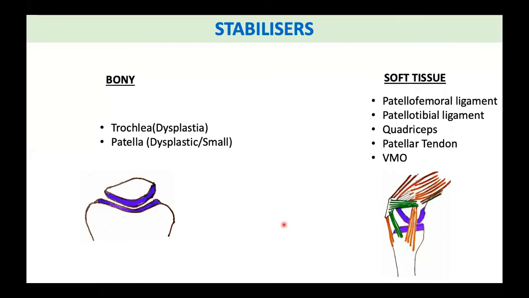Among the bony factors, trochlear dysplasia is considered one of the most important, while among the soft tissue factors, the patellofemoral ligaments, the medial one, the MPFL, is considered important along with trochlear dysplasia for patellofemoral joint stabilization. This is a very brief clinical and surgical anatomy of the patellofemoral joint.